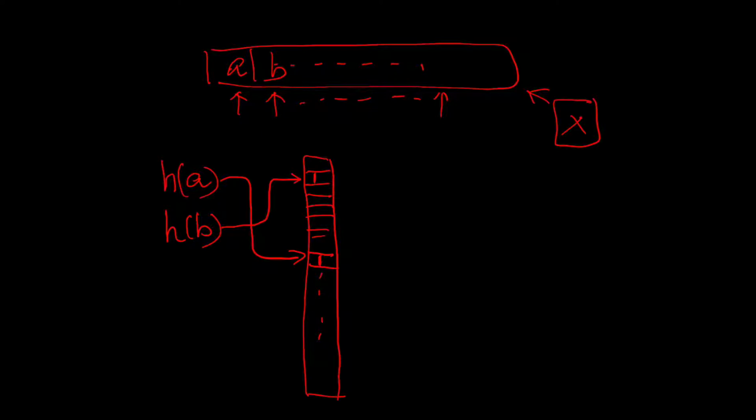So if I have a test that I want to conduct, and it's about value X, I go through the same hashing function, and I look into the entry. If the entry is 0, that means none of these elements over here can be X. Otherwise, it would have been set to 1.